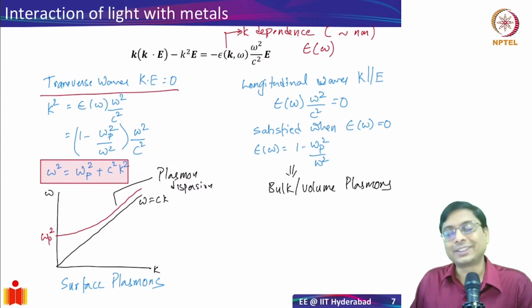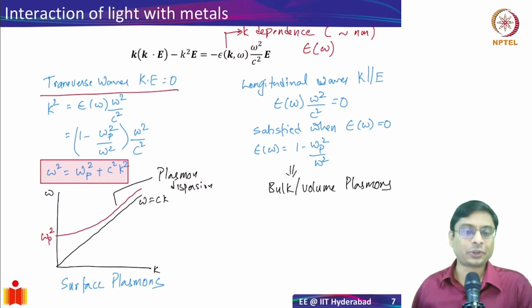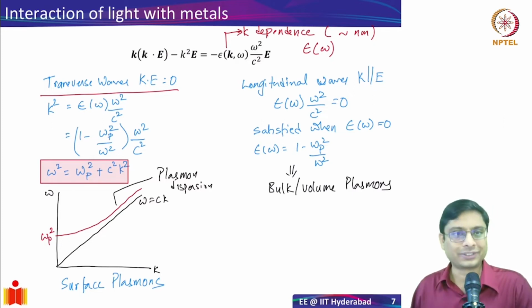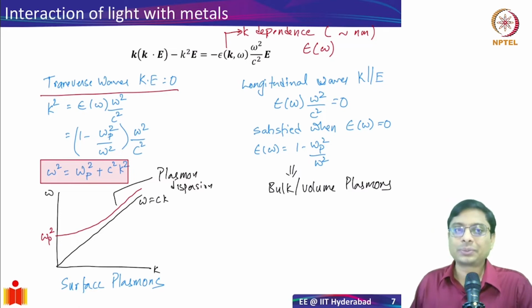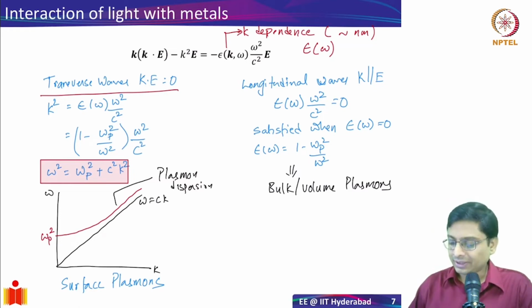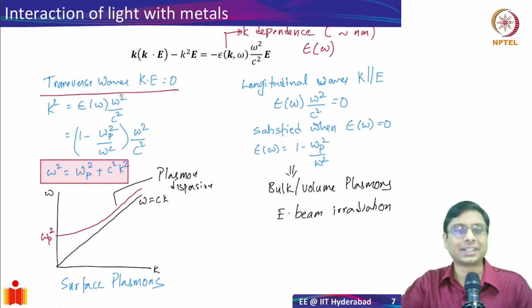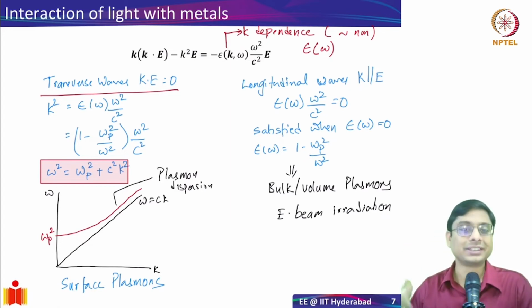Back in the olden days, in the 60s and 70s, when plasmonics was in the nascent stages, people looked at what happens when you shine electron beams on metals, and they looked at electron energy loss spectroscopy and things like that. In those experiments, wherein you have an electron beam, E-beam irradiation, you can excite these bulk plasmons. Okay, at the plasma frequency, you will see this plasmon getting excited, and so you have an absorption peak.